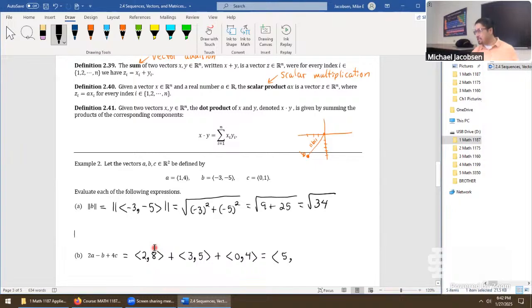Second component is 2 plus 8 plus 4, so that looks like a 17. And at that stage, we've done it, folks. The linear combination of twice the vector A minus the vector B plus the vector 4c gives us the new vector 5, 17. Well, any questions at all, folks, getting that result?